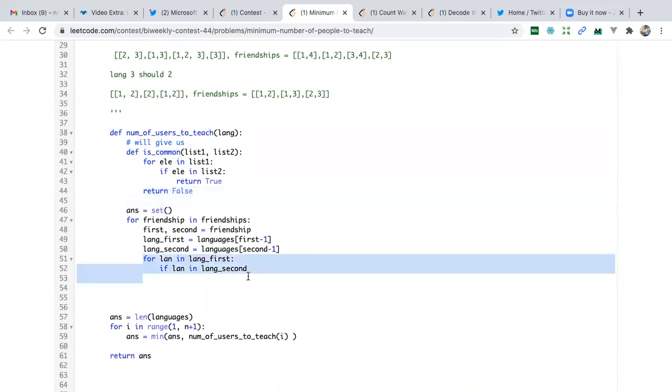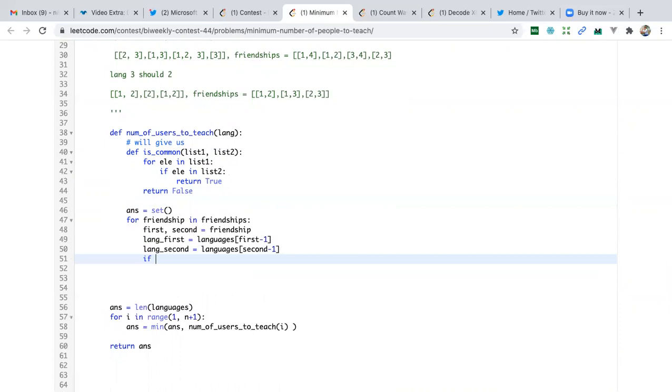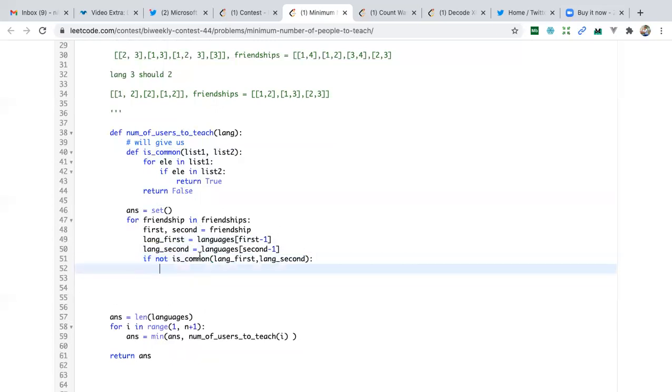So if not is common, language first and language second, we add both friends to the answer with append, and because it's a set, it will only count the unique ones, so first and second.